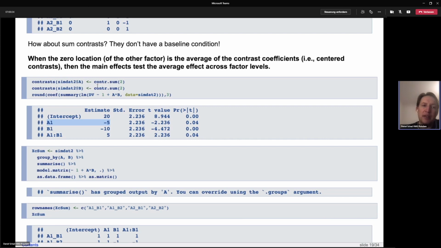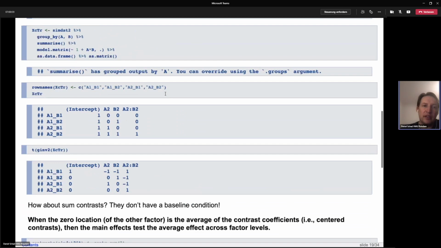And the location 0 is not a baseline condition, but it's the average of all the contrast coefficients. So in B, it's a 1 and a -1. That's a sum contrast. We learned that before. The average of 1 and -1 is 0. So that tells us that the factor A tests the average effect for level B1 and level B2.